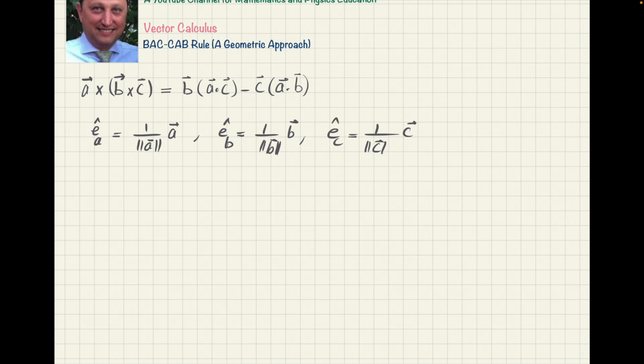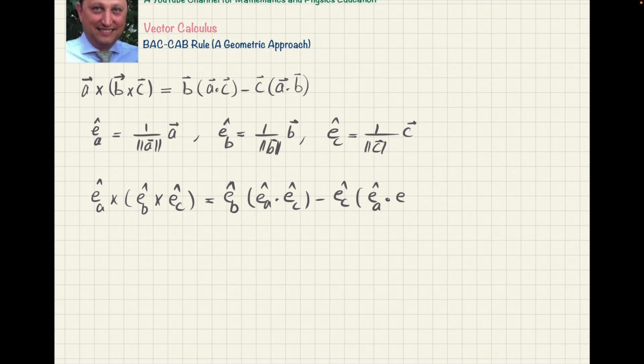But now one thing I know, for the unit vectors, I know the BAC-CAB rule applies. So this means that EA cross EB cross EC is equal to EB times EA dot EC minus EC EA dot EB.